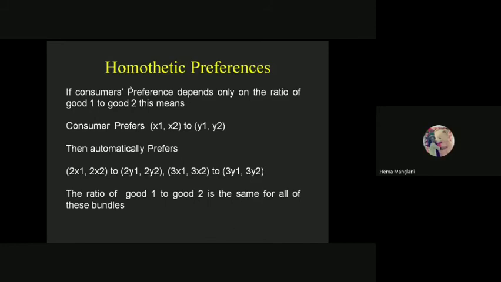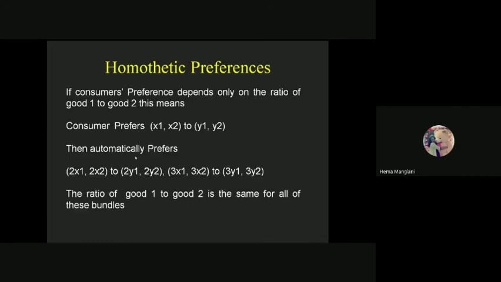So now we have homothetic preferences. If consumer preferences depend only on the ratio of good 1 to good 2, this means the consumer prefers x1, x2 to y1, y2. If the preferences depend only on good 1 to good 2 in the same proportion, then the consumer is preferring one bundle to the other bundle.